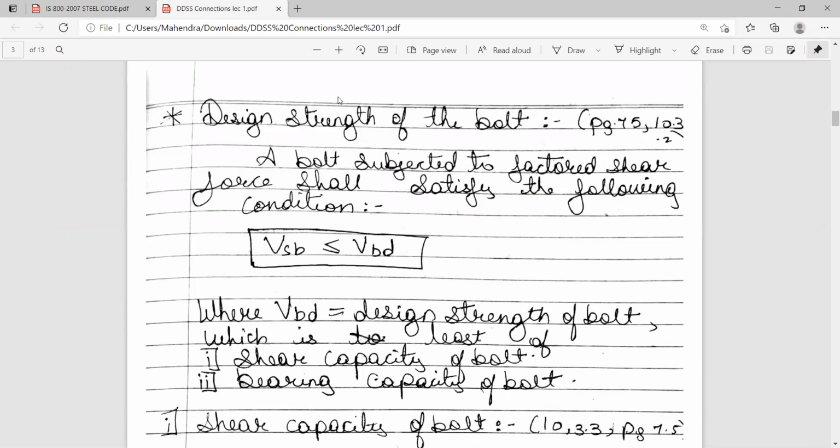The formulas for the shearing capacity of the bolt and the bearing capacity of the bolt are both there in your IS 800:2007 on page number 75. So first of all, note down the design strength of the bolt. Again, it is on page number 75, clause number 10.3.2.